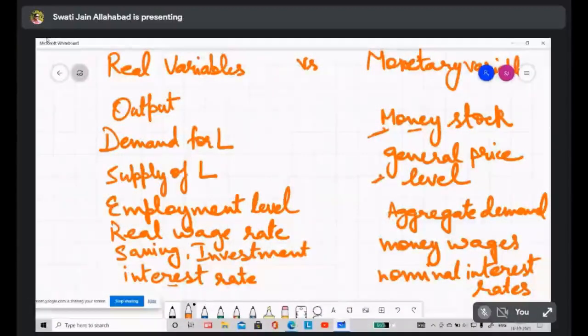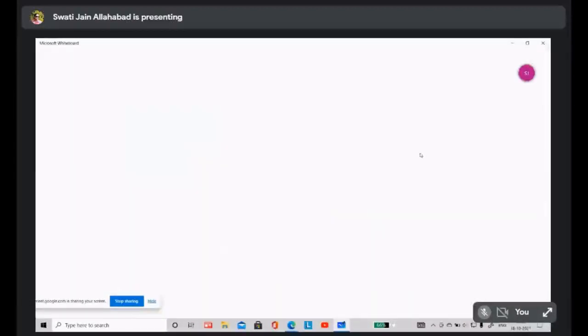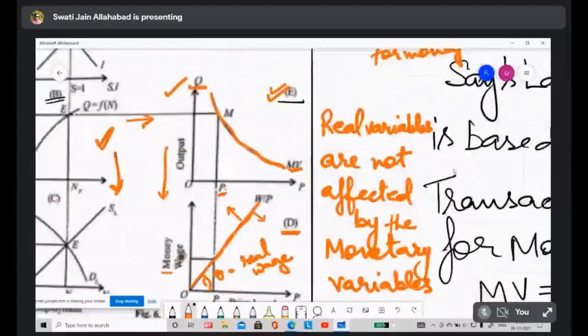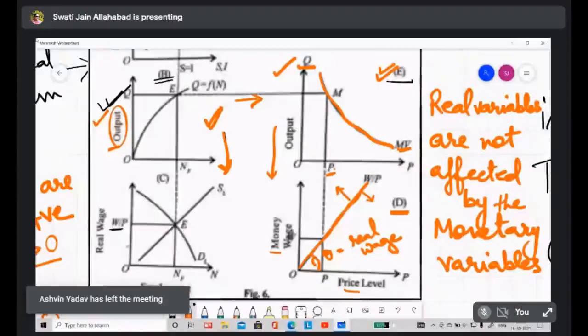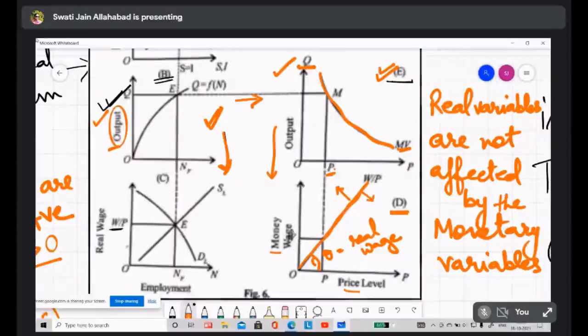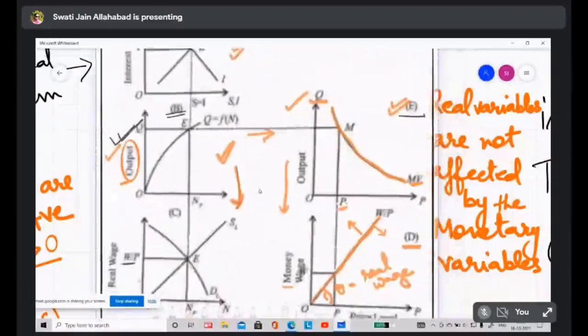And this is what is reflected with the diagram, the last five part diagram. You can see that if we go back and try to see this, you will find that E and D are reflecting the monetary variables, and C, B and A are reflecting the real variables.